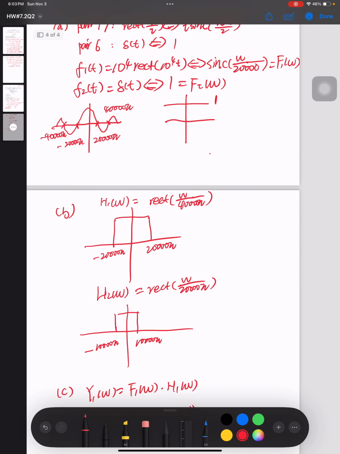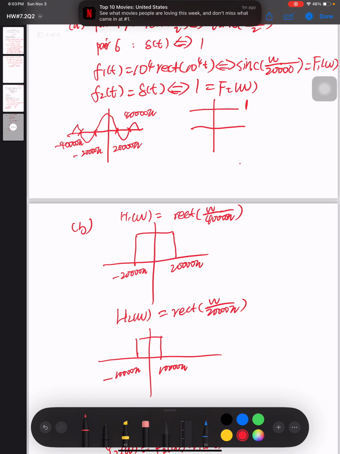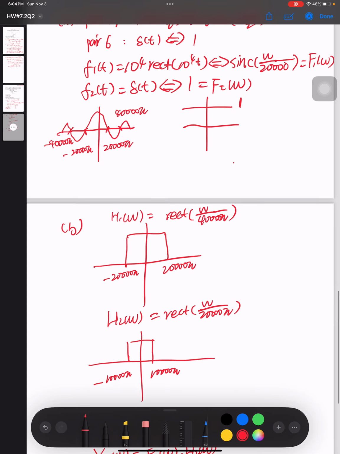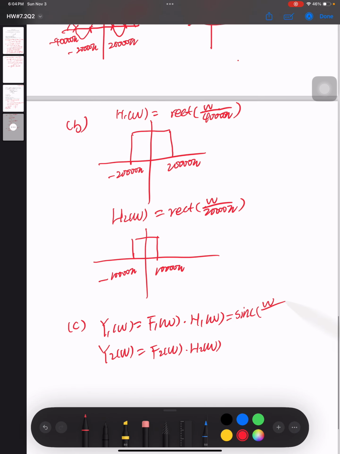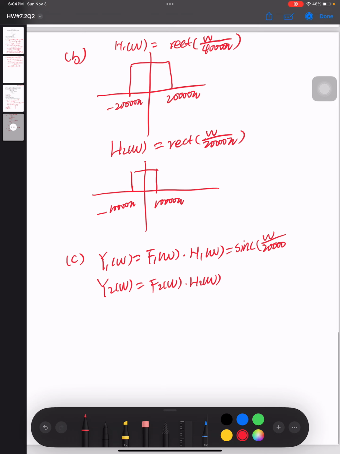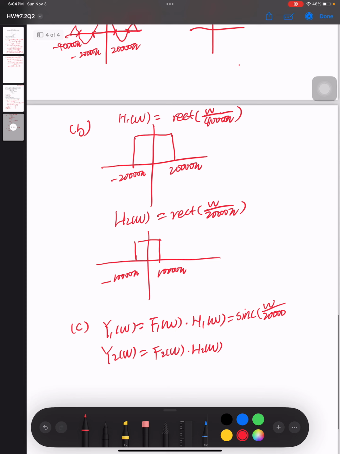Which means for the first one it is sinc function omega over 20,000 times rectangular function 40,000 pi omega, and for the next one it is 1 times rectangular function omega over 20,000 pi.